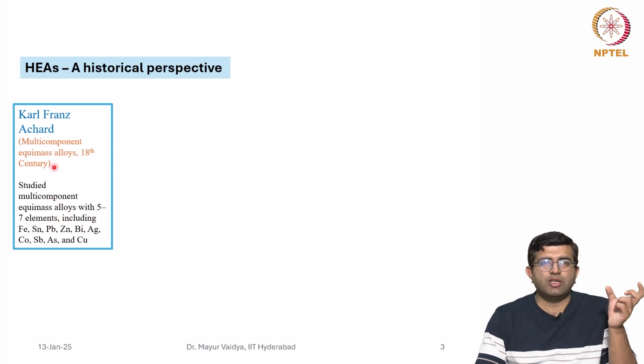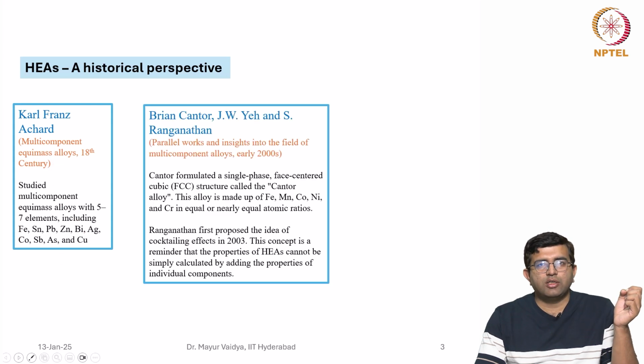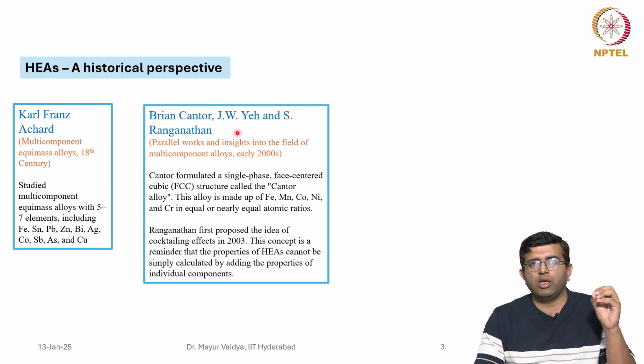Then, almost in parallel, Brian Cantor, J.W. Yeh and S. Ranganathan brought insights in the field of multi-component alloys. This was in the early 2000s, when Cantor formulated a single phase face centered cubic structure called the Cantor alloy, consisting of cobalt, chromium, iron, manganese and nickel.